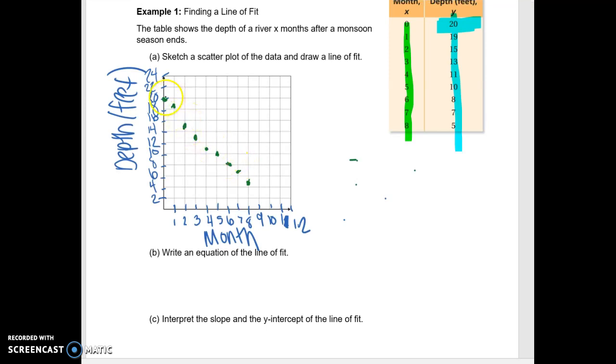I'm going to try my best. Oops, that should be red. When you're not on here, use a ruler. Oh my goodness, I don't know why that keeps happening.